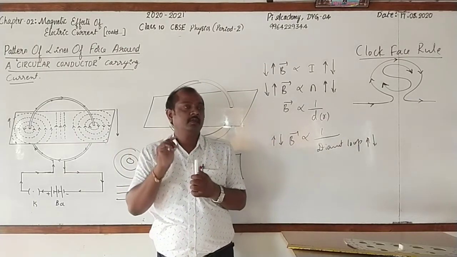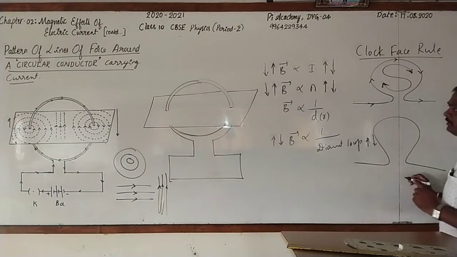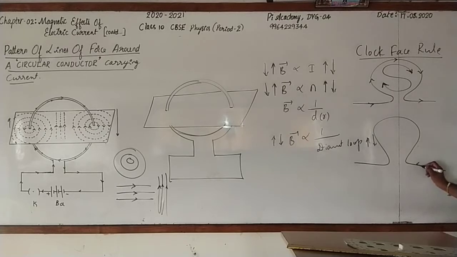Clear? Yes. Here also again the same pattern in this way, but the current looks as if it is flowing in the anti-clockwise direction. Then that face acts as north pole. See the direction.